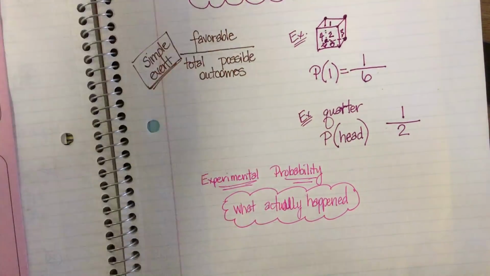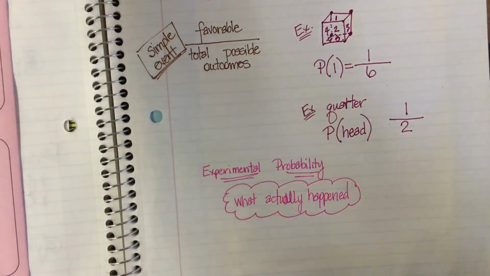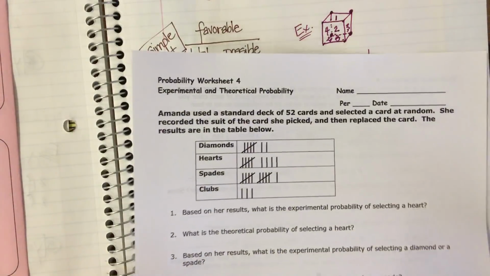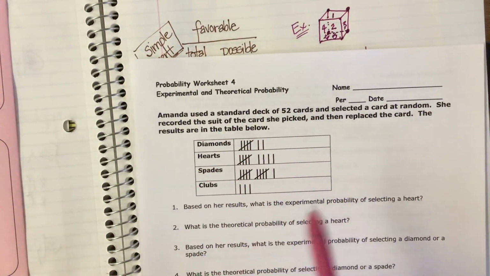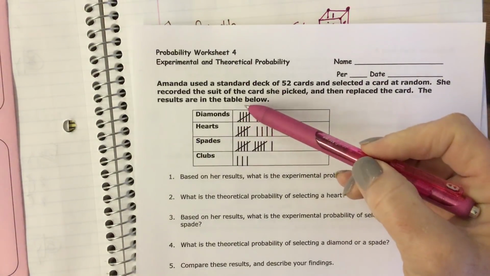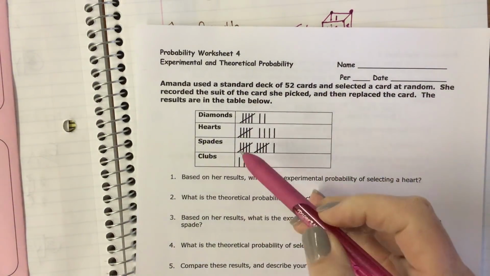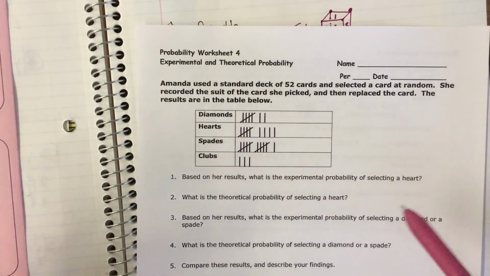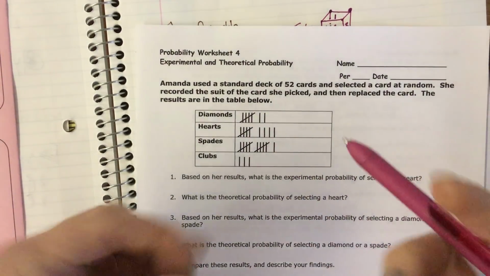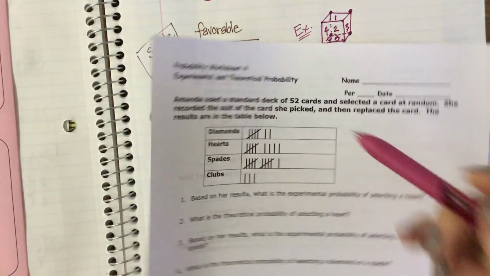For example, in this first sheet, this is the worksheet that we're going to do in just a second, they actually pulled some cards. So technically, the experiment is what actually happened, and here's the documentation of it, okay?